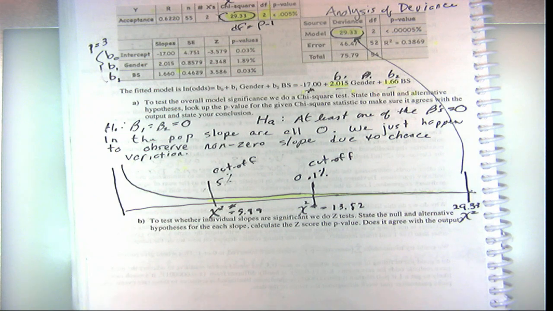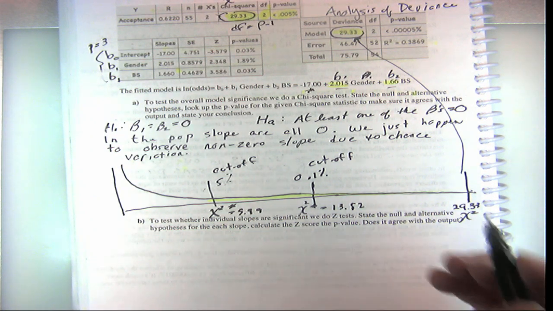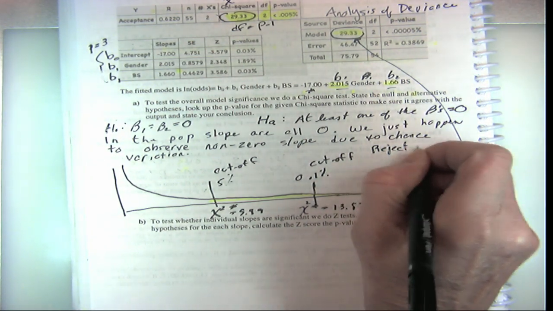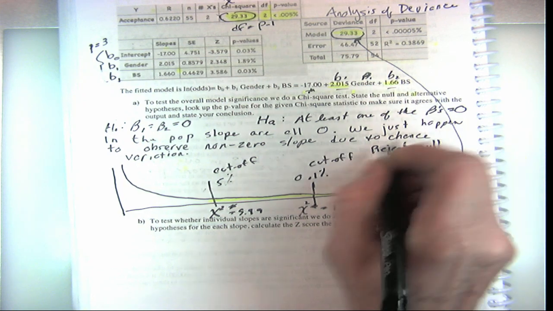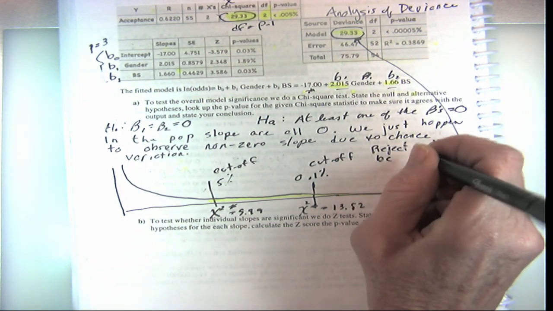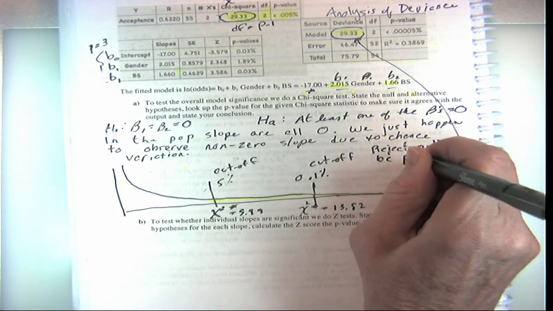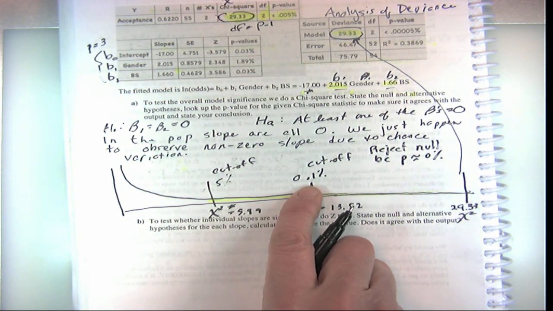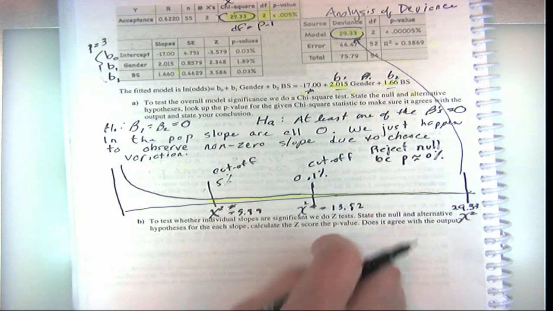So where should I write this? We can just say reject null, because p is almost 0%. So we can reject it certainly at the 0.1% level.